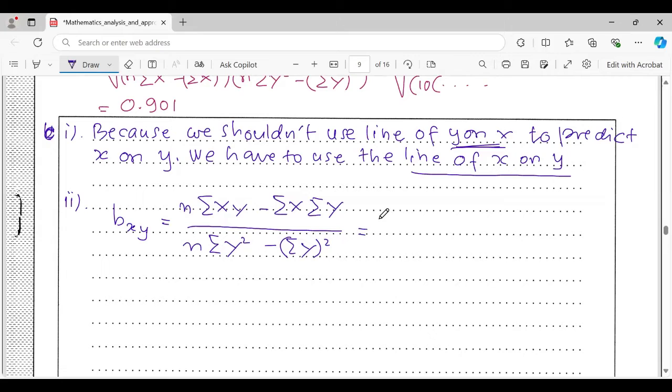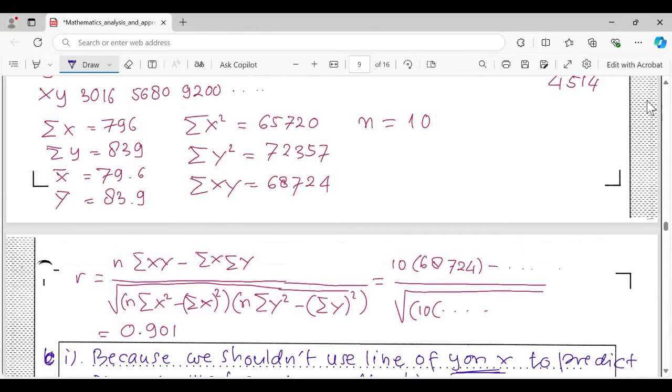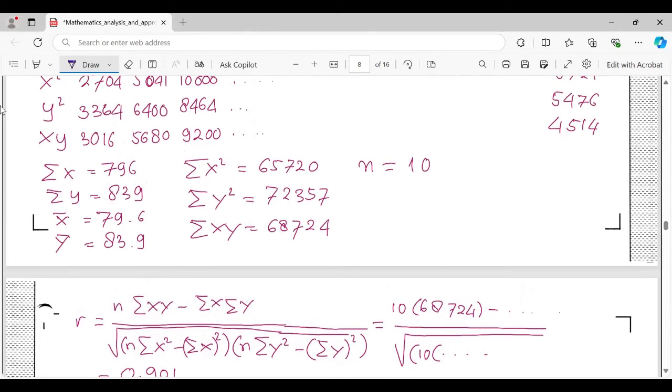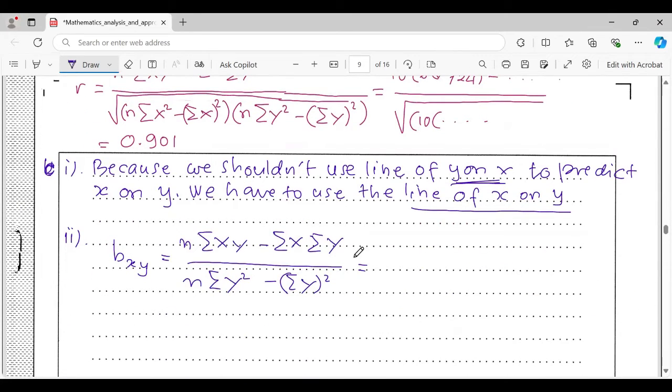Okay. So if you substitute the result into this formula, it is going to be 10 times sigma xy minus sigma x multiply sigma y.